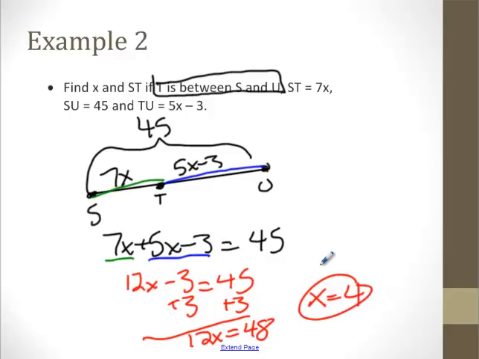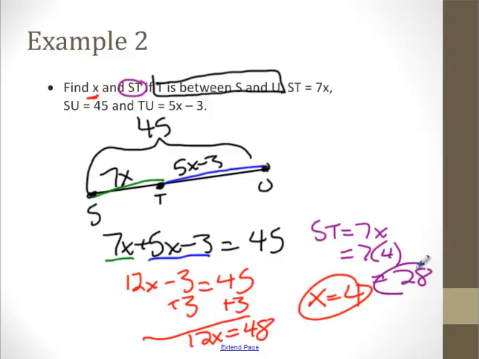Now, one thing that geometry does more than any other course in math is it asks two questions. Find x, did that, but then it also says, what's ST? We have to find ST. ST is 7x, so we take x, plug it in, and get 28.